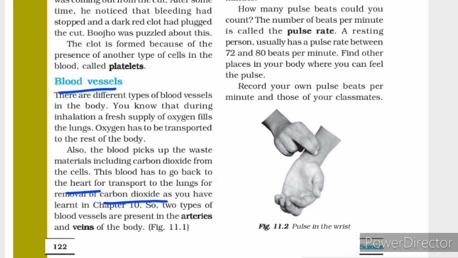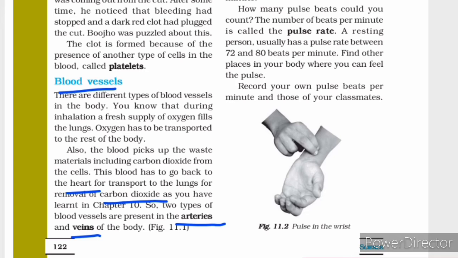Our body contains two types of blood vessels based on the function that they perform. These are arteries and veins. Arteries carry oxygen rich blood from the heart to all the parts of the body. And what do the veins do?